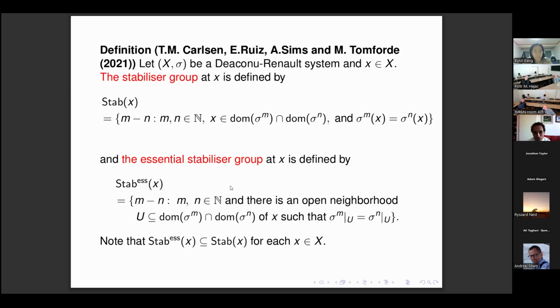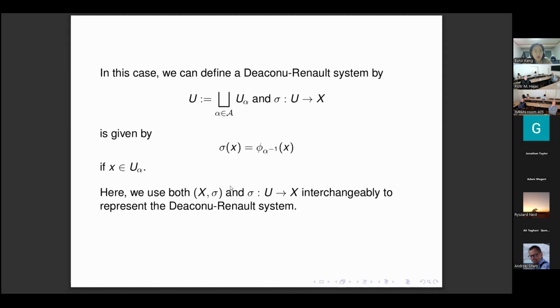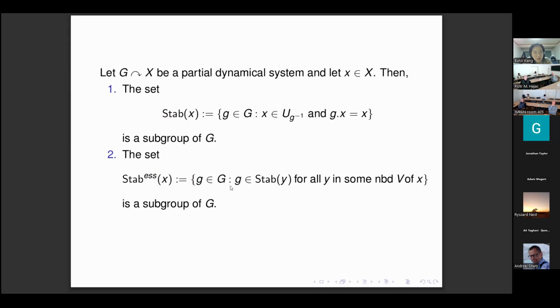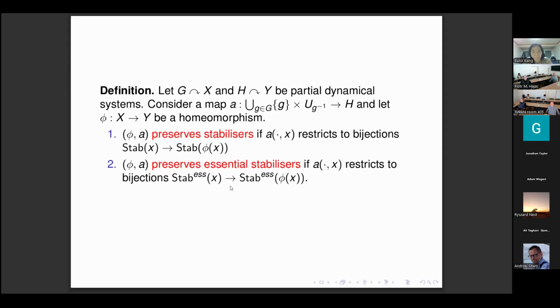And also we took the definition from their paper. Yes, in the paper they define this notion, and for us, we define this in the context of a partial dynamical system.